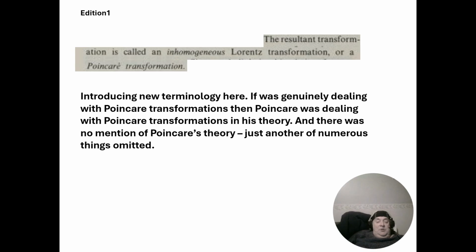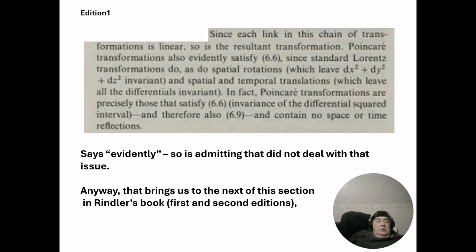It's just another of the numerous things being omitted. So this is in edition 1, and suddenly he decides to omit saying this in edition 2. And it's probably because he's not going into sufficient detail again. You've got Poincare's theory and he just wants to omit talking about it.